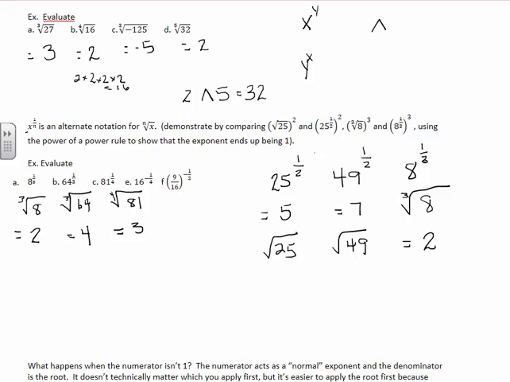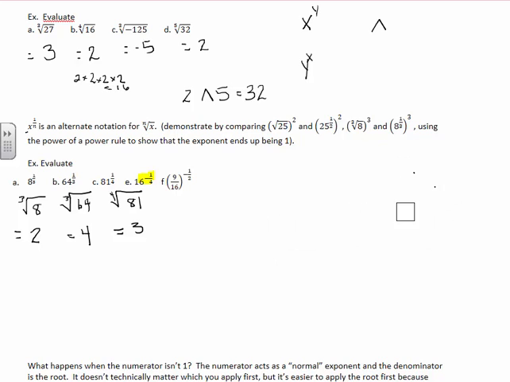Now be careful here when we look at this exponent. What that is saying is 16 to the negative 1/4. I'm going to clean this work up just to give us a little bit of space so we don't get confused. Now, whenever I have a negative exponent, I need to first take the reciprocal of the base and make my exponent positive. So that's the fourth root of that whole fraction.